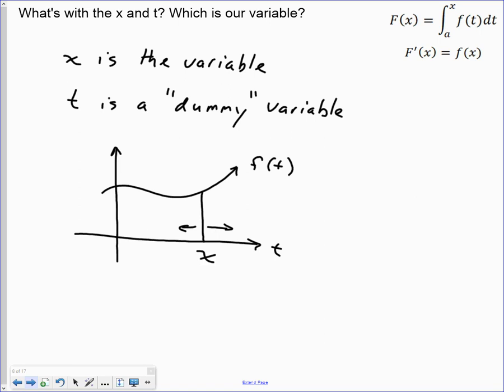So t is used to define our function here, but x is the thing that we're actually changing when we're doing our integration. It's kind of like x is a particular value of t.